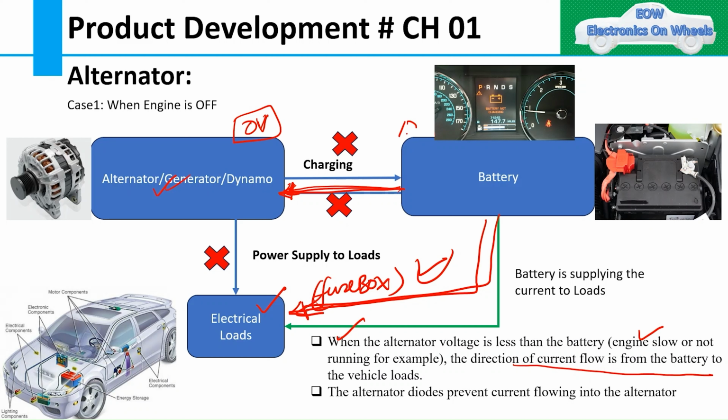And here it would be 12 volt if you are using a 12-volt battery. If you are using a 24-volt battery, it would be 24. So then current will start flowing in this direction, but the alternator diode prevents this current from flowing into the alternator. This is the one thing which you have to understand.